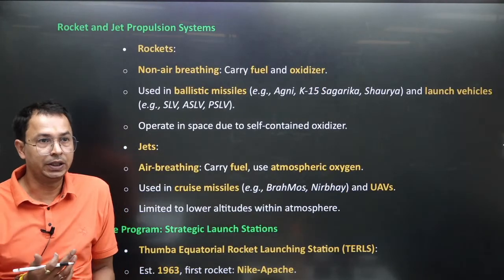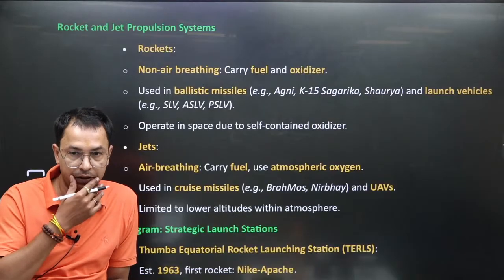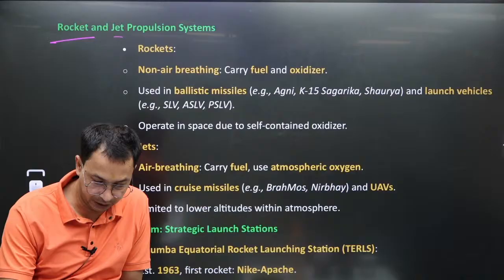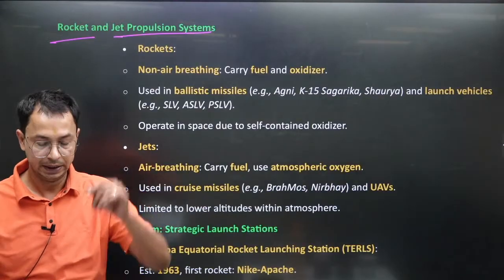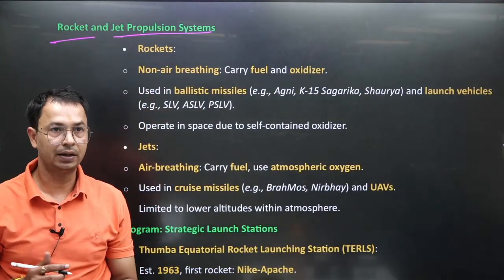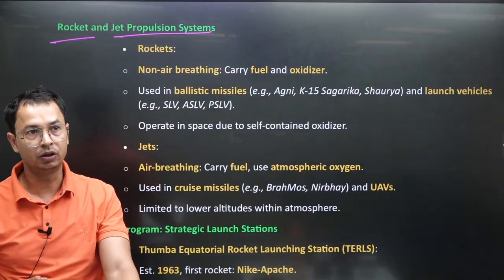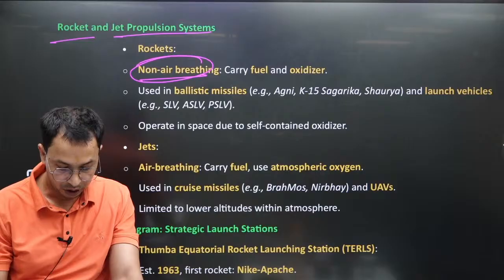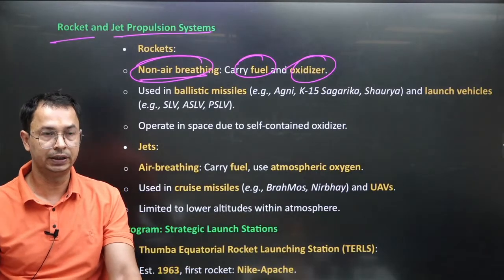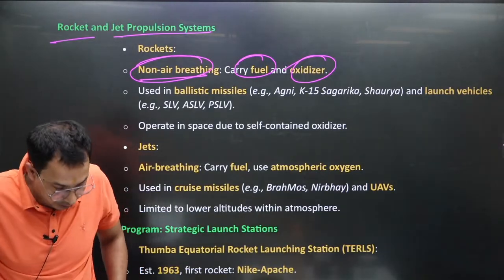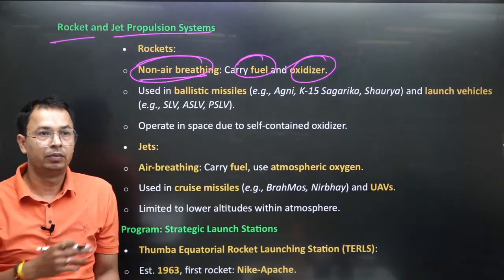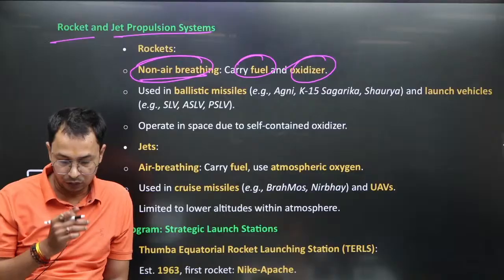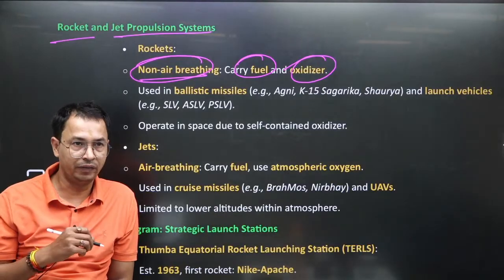So in space technology, we started with the rocket and jet. What is a rocket? What is the difference between the rocket and jet? The rockets are non-air breathing. Why do they work on non-air breathing technology? Because they carry their fuel and oxidizer, both, with them. They have to go to outer space, and in outer space we don't have any oxygen.